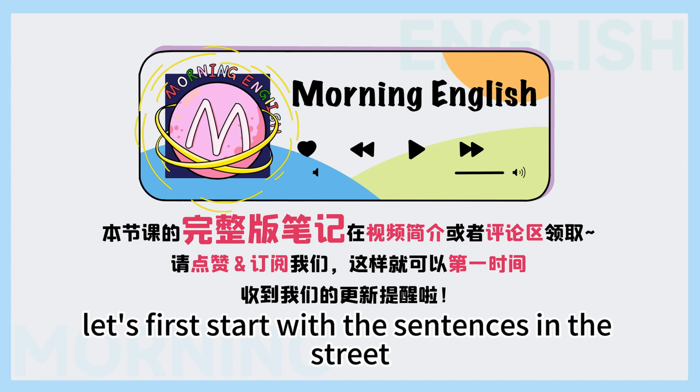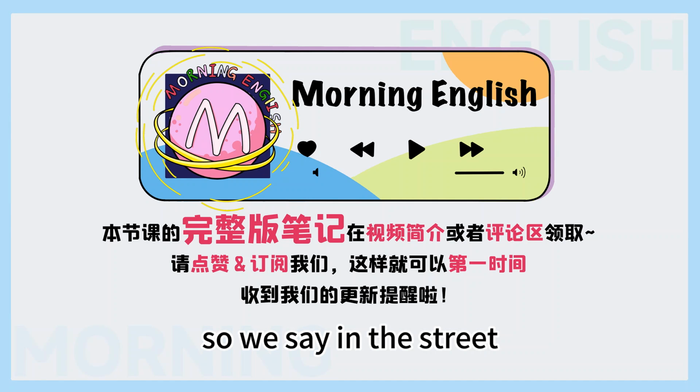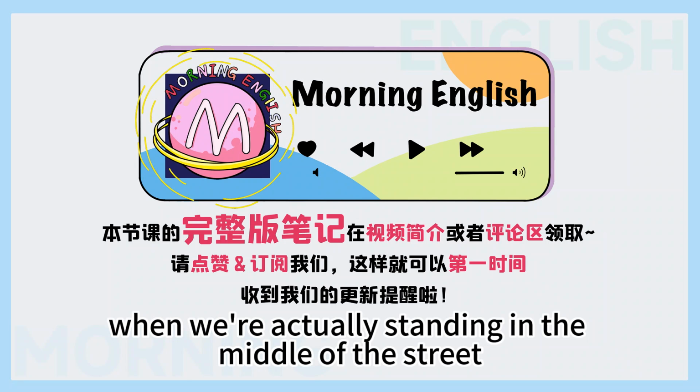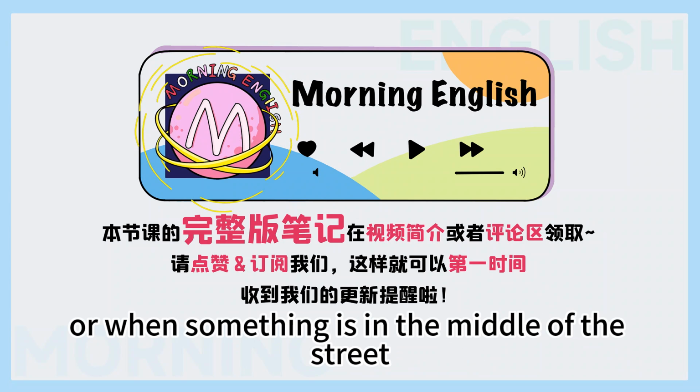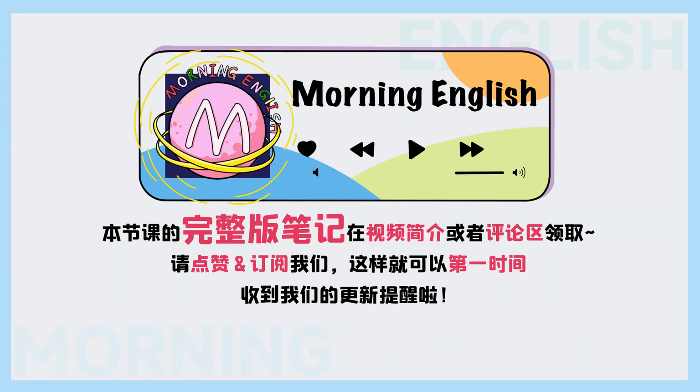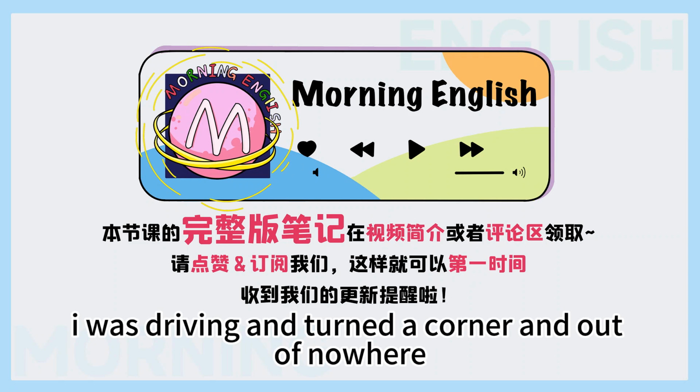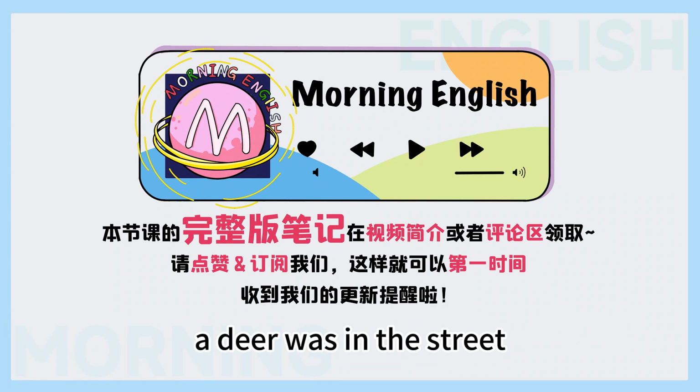Let's first start with the sentences in the street and on the street. So we say in the street when we're actually standing in the middle of the street, or when something is in the middle of the street. So for example, I was driving and turned a corner and out of nowhere a deer was in the street.